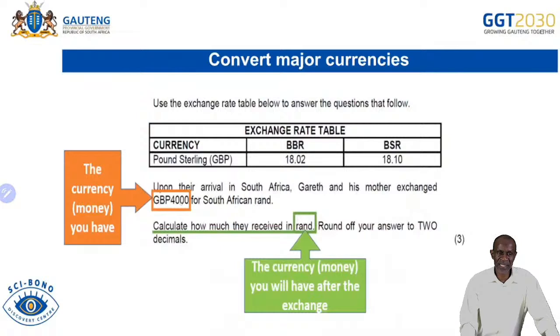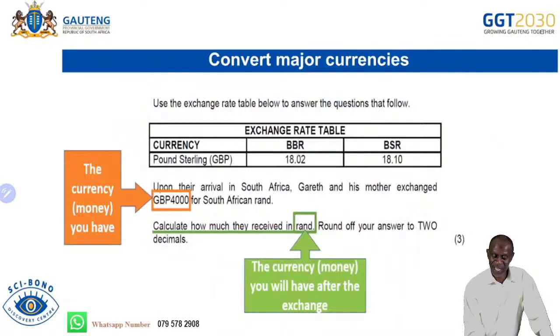Local banks, local dealers will have to buy from Gareth and his mother the foreign currency. And in so doing, they will use the bank buying rate, because here, in this scenario, the bank is going to buy foreign currency.